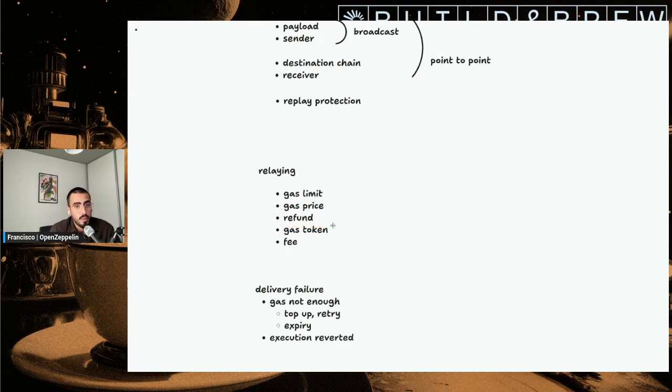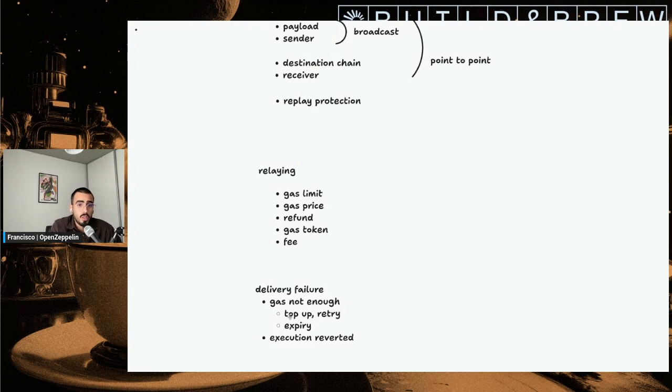But also what can happen is we may not have specified enough. And so we're going to have a failure mode where the gas limit or the gas price that we specified was not sufficient. And so we're going to need some sort of API to allow the sender to maybe top up the gas or to somehow manually retry the submission of the message on the destination chain.